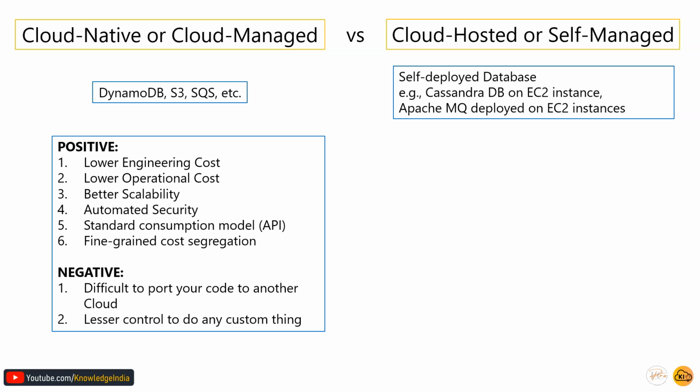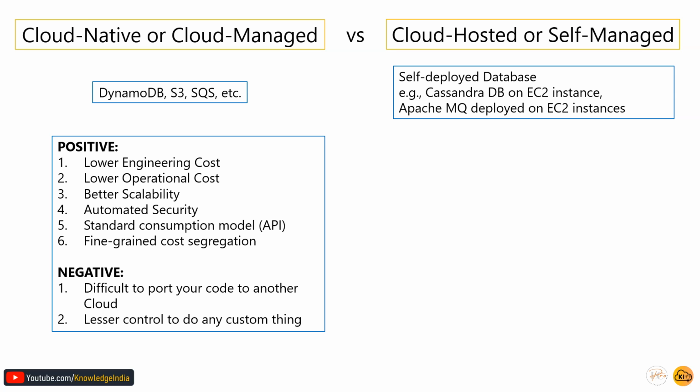Azure and GCP will have their own managed databases, or blob storage, things like that, right? So you need to change your code. Changing the code takes effort at that time. So that can be seen as one negative thing.